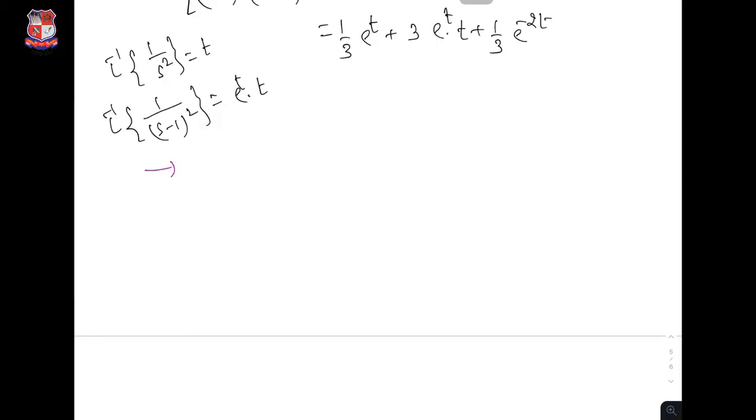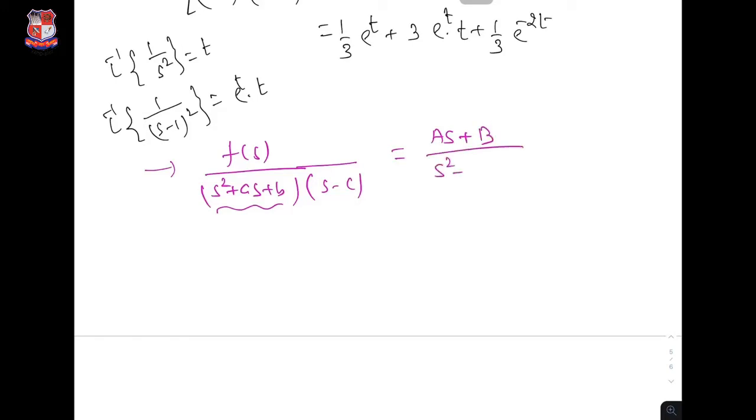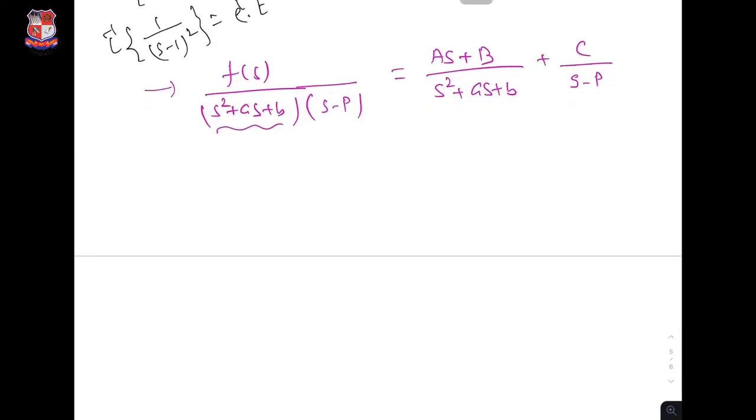If we have f(s) over some s square plus as plus b, and this is not further reducible into linear form, then we can have it like this: (as plus b) over (s square plus as plus b) plus some c over s minus, let us write p, so s minus p. Okay, so let us take one example.